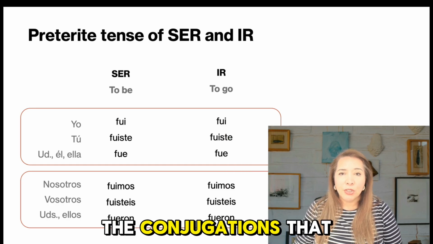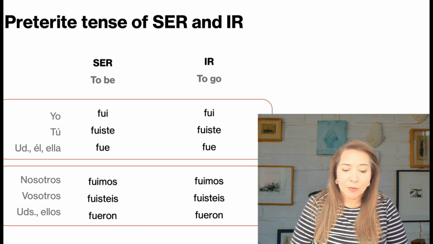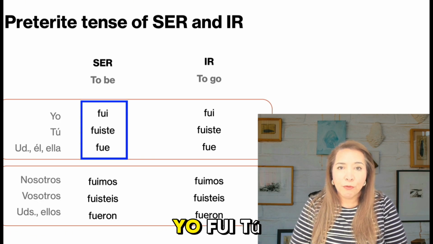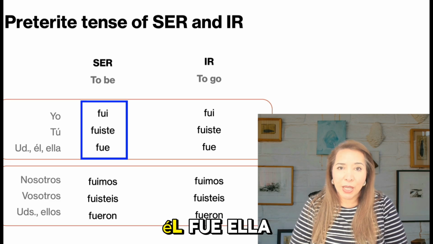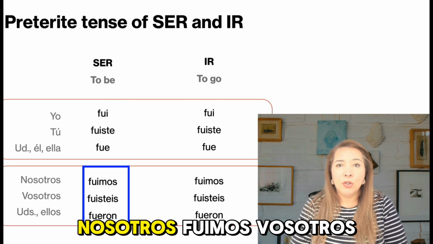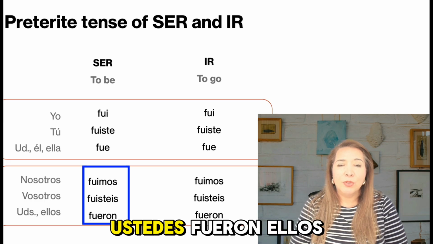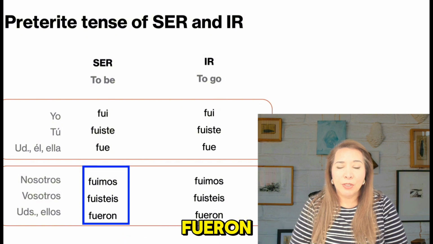So, here are the conjugations that you'll need to memorize. For ser, yo fui, tú fuiste, usted fue, él fue, ella fue. Nosotros fuimos. Vosotros fuisteis. Ustedes fueron. Ellos fueron.